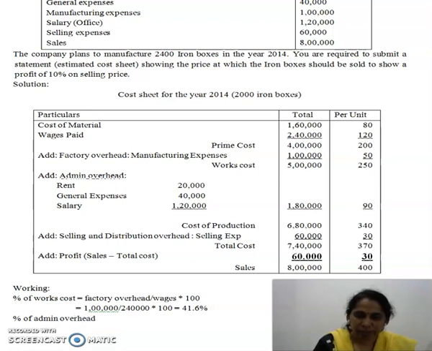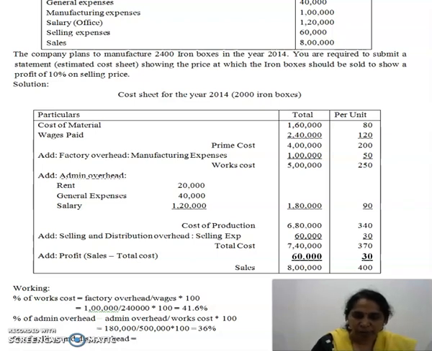Okay. Next is percentage of admin overhead. For this, the formula is admin overhead divided by factory or works cost into 100. So here admin overhead is how much? 1,80,000 divided by works cost of 5 lakhs into 100. How much is it coming? It's 36%. Okay. Next is percentage of selling and distribution overhead.